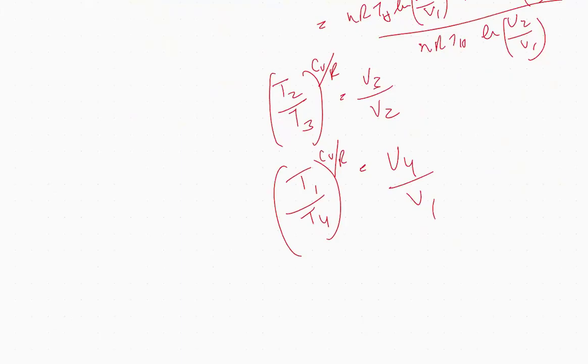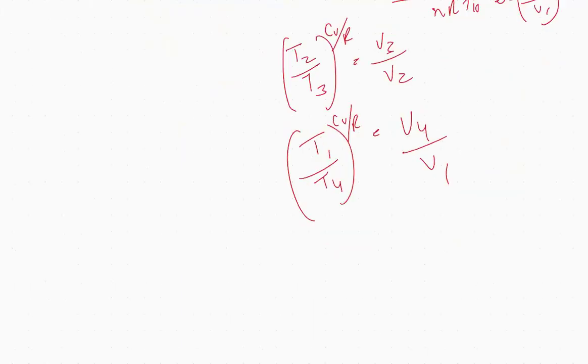Remember when we did it, we said T1 because isothermal situation, T1 equals T2 and T3 equals T4, right? Because isothermal situation. So therefore we get V2 over V1 equals V3 over V4. So no need to derive, just remember this one.